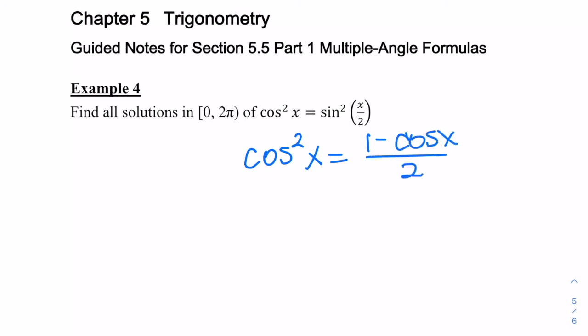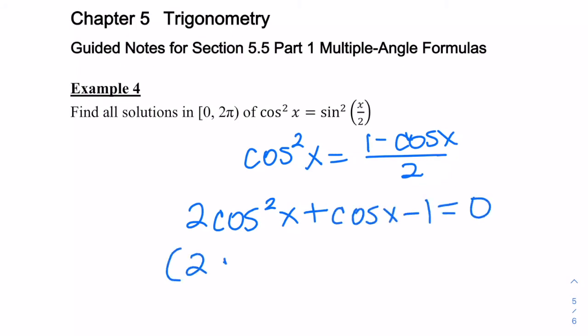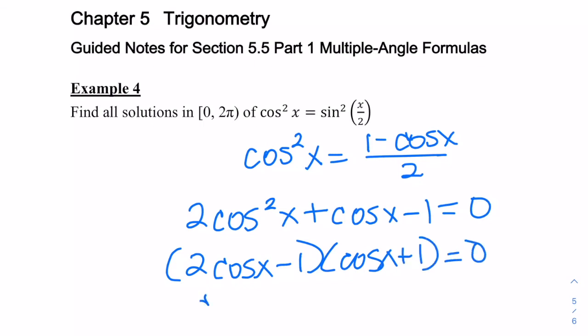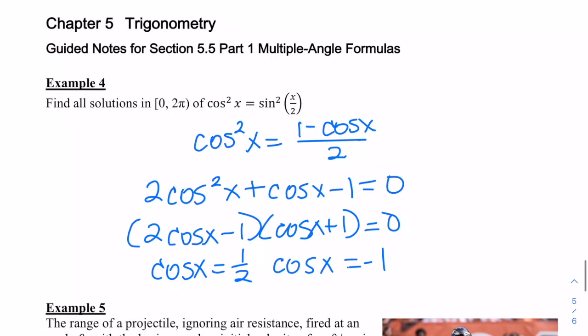So we can multiply everything by 2 here, and then set this equation equal to 0. And we'll have 2 cosine of x, in fact, this factors, cosine of x plus 1. So we know that cosine of x will equal 1/2, or cosine of x will equal negative 1.